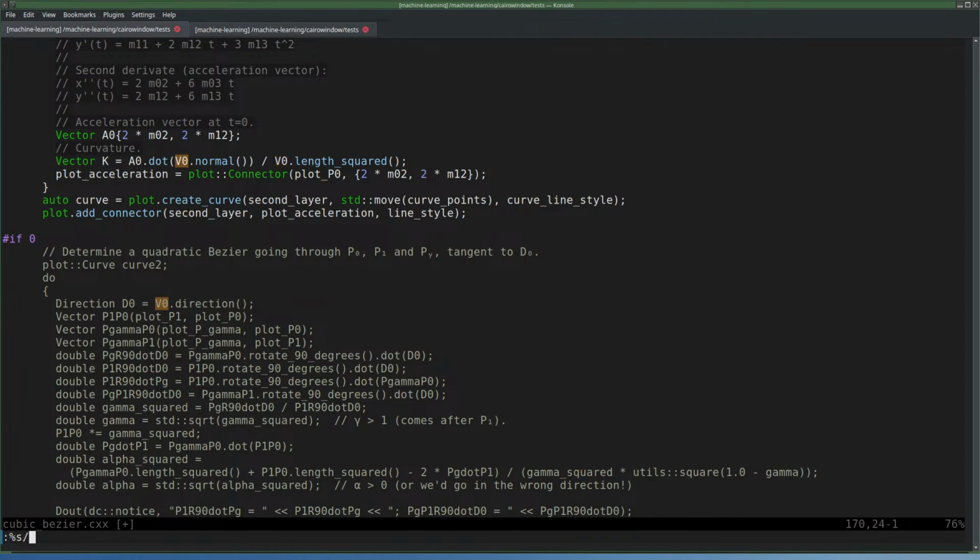I'm going to plot it so we can see what it is.